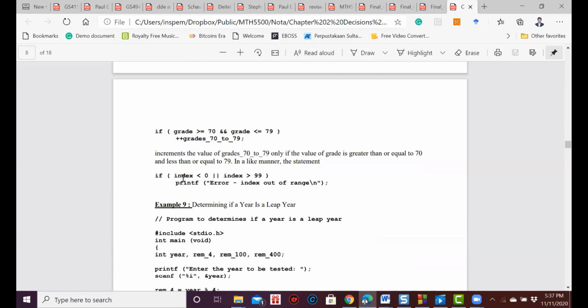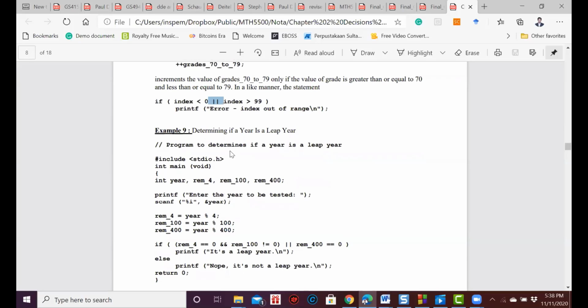Or another example here: index less than 0 or index greater than 99, then we print error, index out of range. We want to put the error if the index is in these situations. So index less than 0 or index greater than 99, and the printf message is error. This is another example of the usage of the keywords.